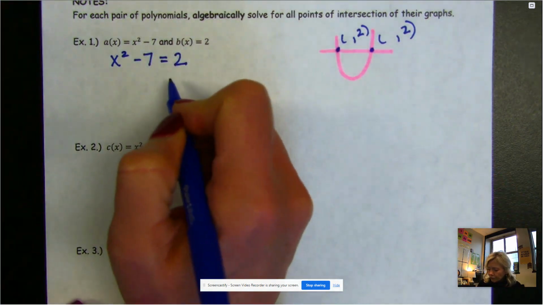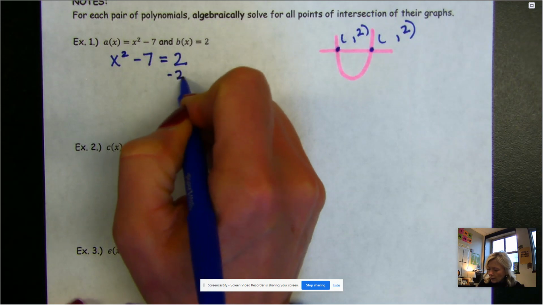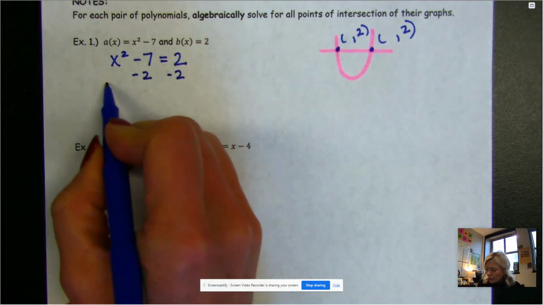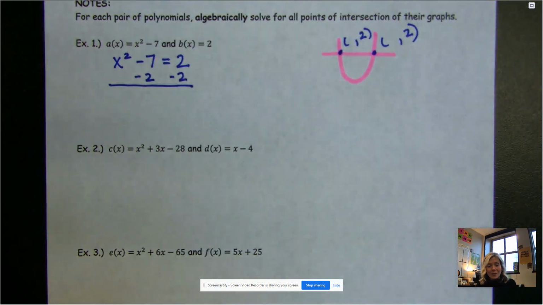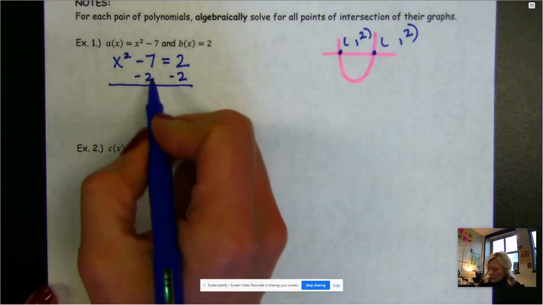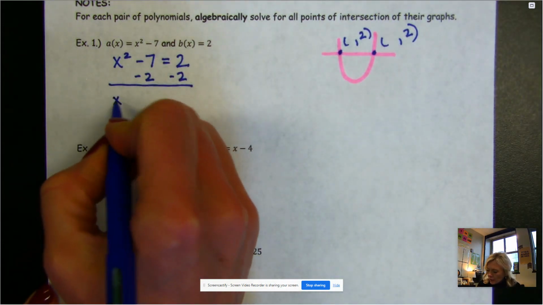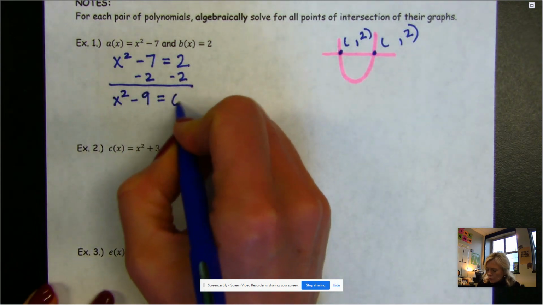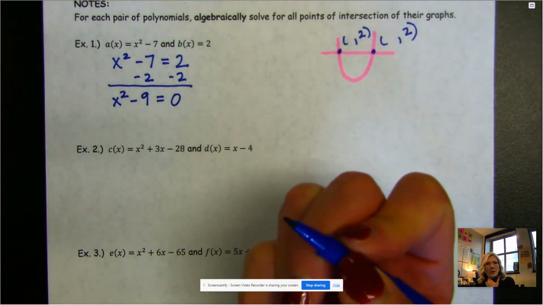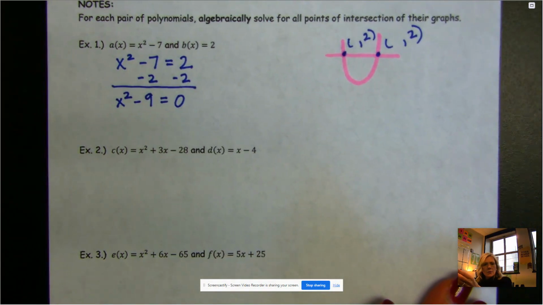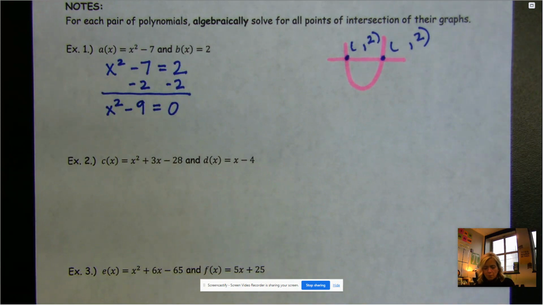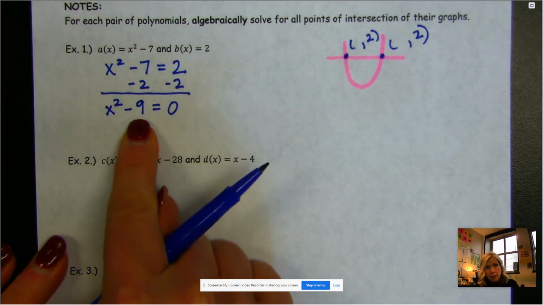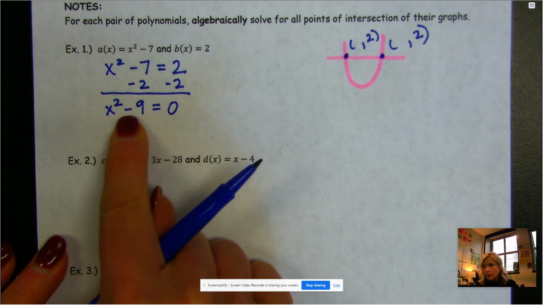And then if I subtract and make the right side equal to 0, then we can factor what's on the left. So negative 7 minus 2 is negative 9. So x squared minus 9 is equal to 0. So for x squared minus 9 equals 0, we're looking for two numbers that multiply to negative 9 and add to 0, since there isn't a term in the middle.